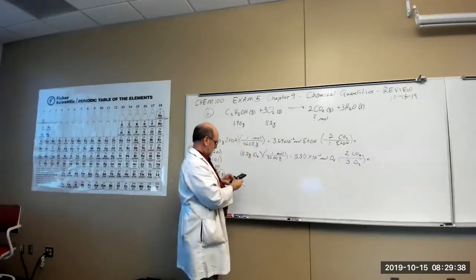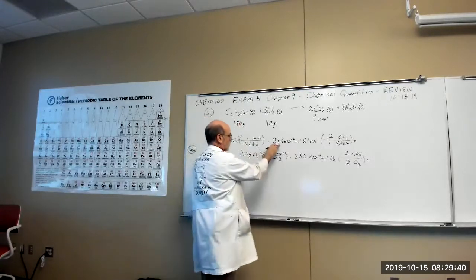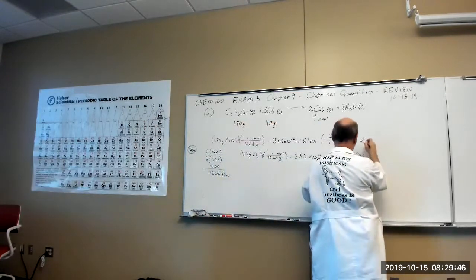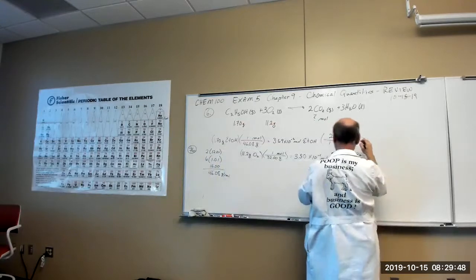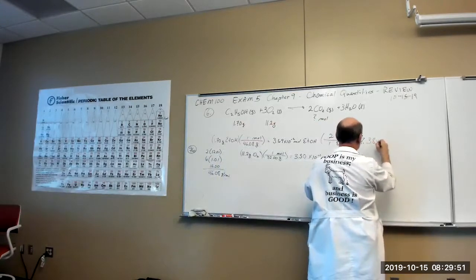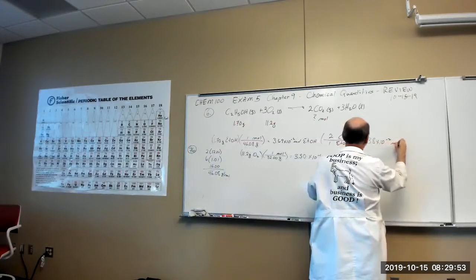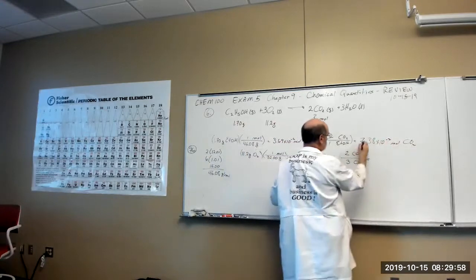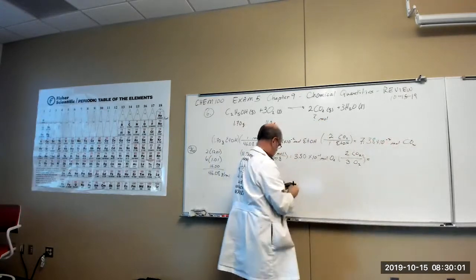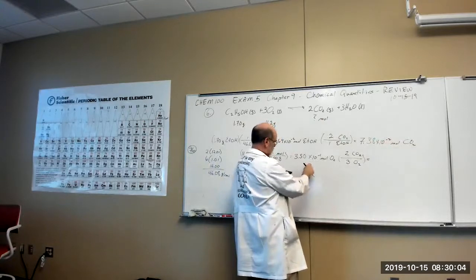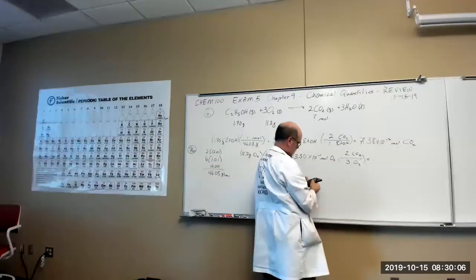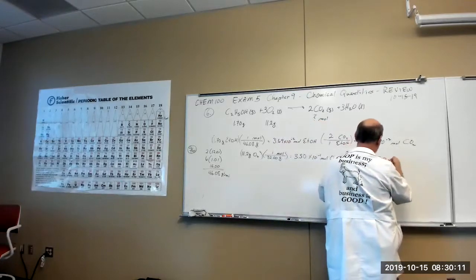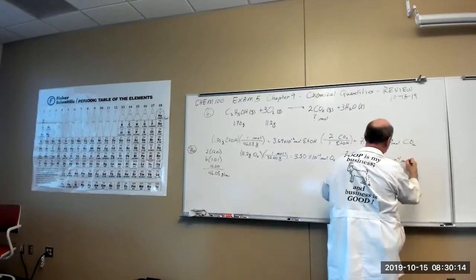Okay. So this one times 2 is 7.38, with significant figures, 7.38 times 10 to the minus 2 moles of CO2 are possible from this amount. And this times 2 divided by 3 is 2.33 times 10 to the minus 1 moles of CO2.